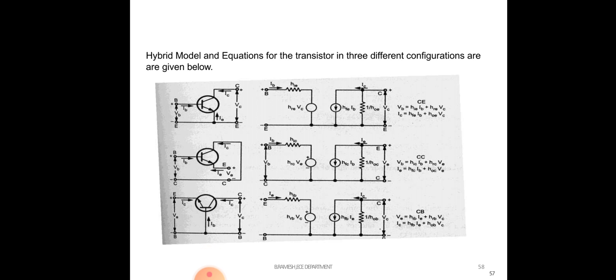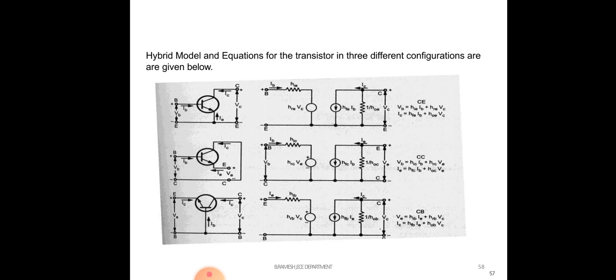In the common collector configuration, the input current is IB and the output current is IE, taking the output across the emitter terminal. The collector is grounded, which is why it is the common collector configuration. In place of HIE we represent HIC, and the input equation is VB equal to HIC IB plus HRC VE, with the output voltage being the emitter voltage.